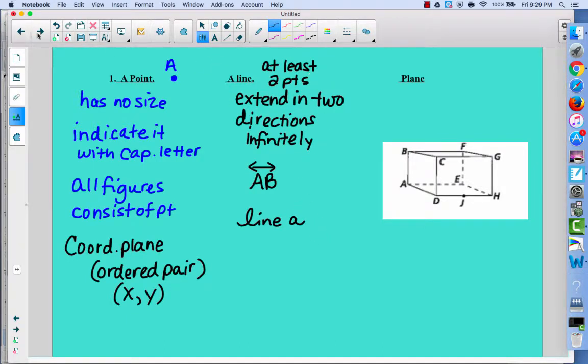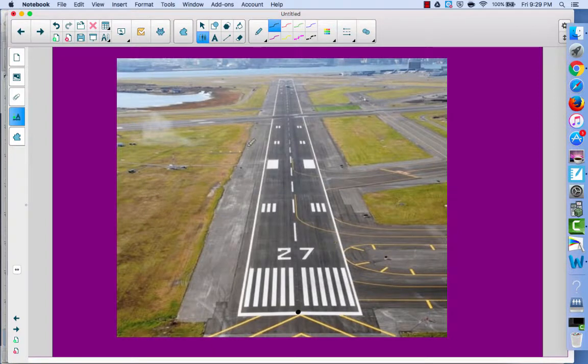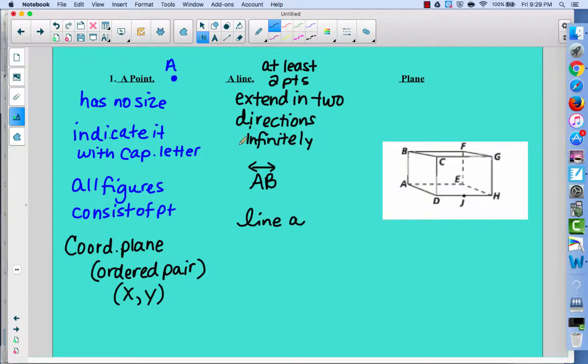If I think back to this picture of this runway, and I think about the sides of the runway extending on infinitely, those are lines. All right, a plane. A plane is a flat surface that extends infinitely in all directions.